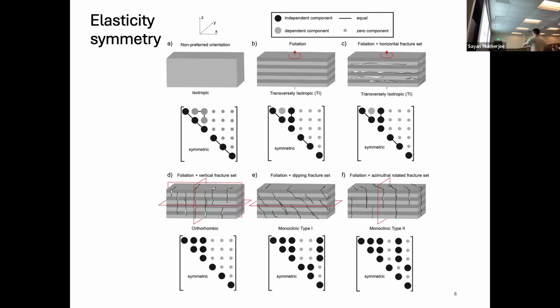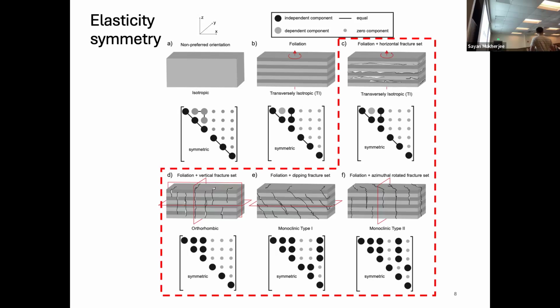If the fractures have some dipping against the foliation, it will become either type 1 or type 2 of monoclinic. That requires additional parameters to describe it. And because we know from the well log and the geology of the study site that there will definitely be some fractures, we just want to investigate how these fractures are aligned against this foliation. So only these 4 types were used for this inversion study.